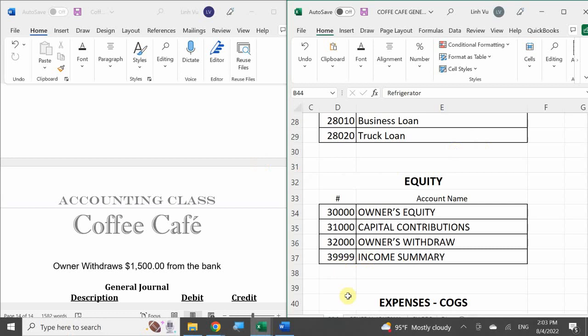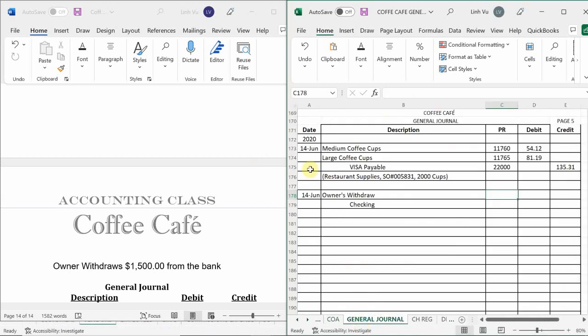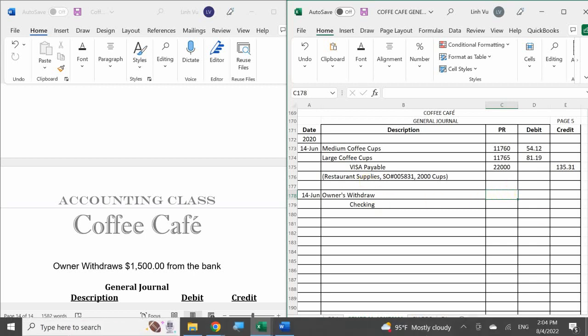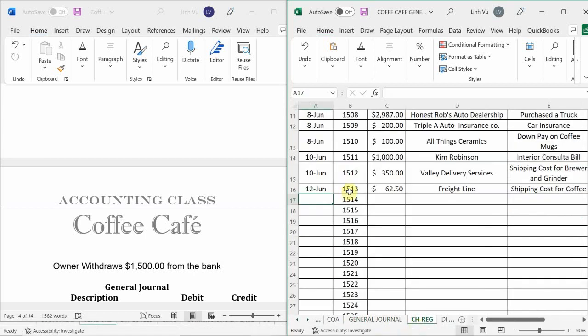Like we've mentioned, because it's a contra account, that is why it's debited, because it will decrease the equity. So owner's withdrawal was $32,000, and then checking was $10,100, for $1,500. Again, the proper rule of thumb here is we need to write out a check to Bob Mason.